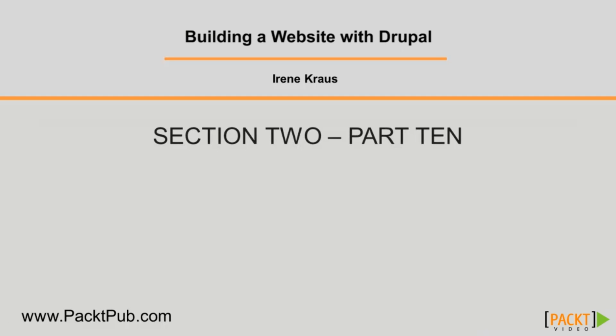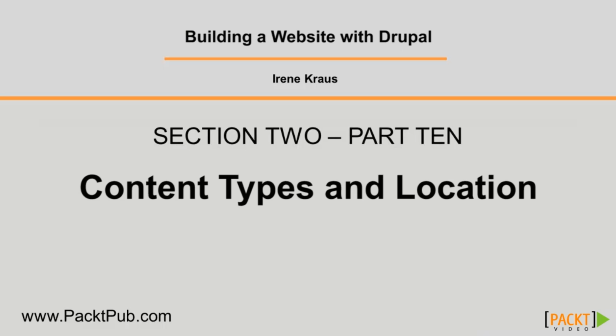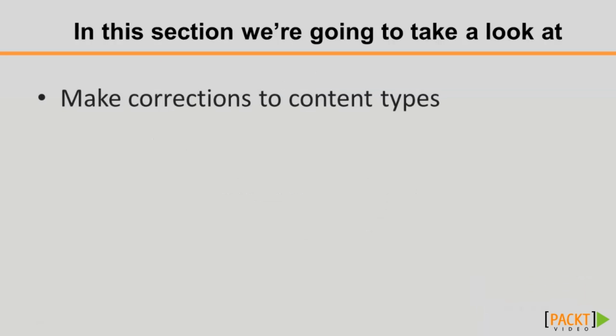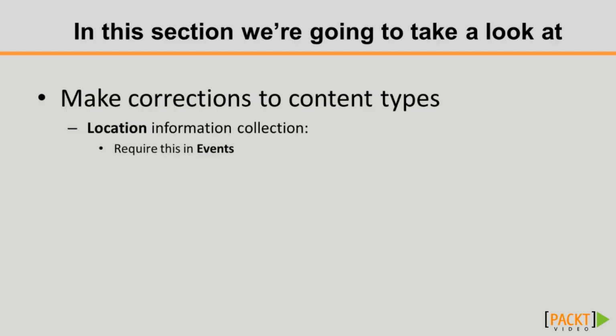Another name for this video could be content types housekeeping, because we're going to be doing a lot of adjustments within the settings for content types, beginning with that location collection aspect. We want this to happen inside our event content types, but not in any of the others.